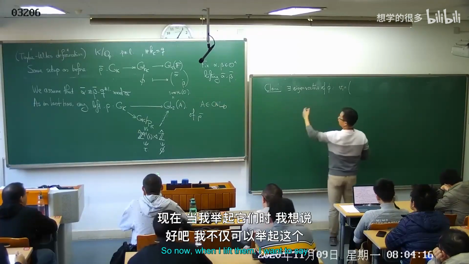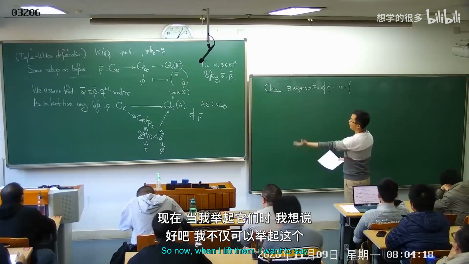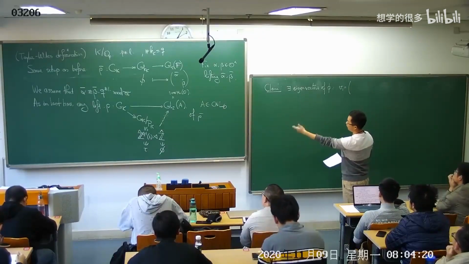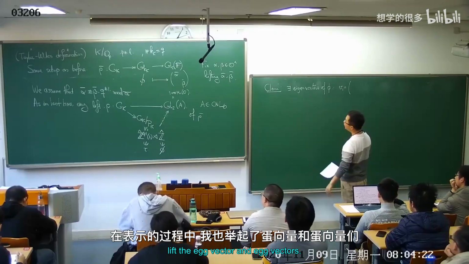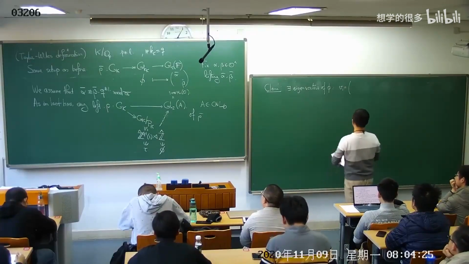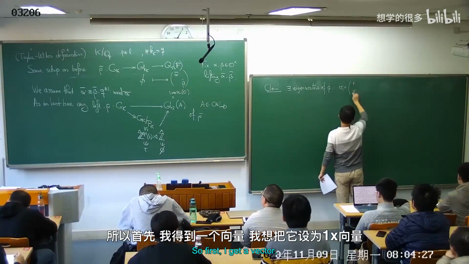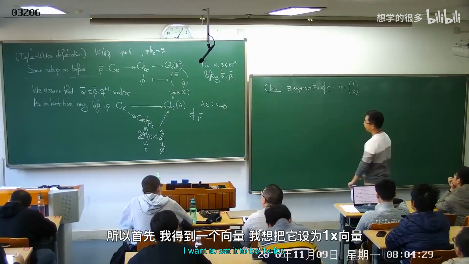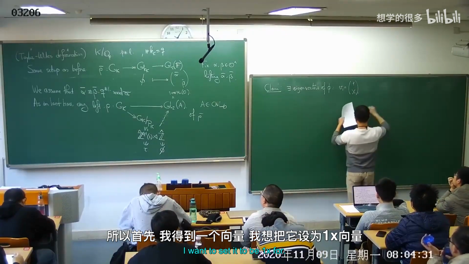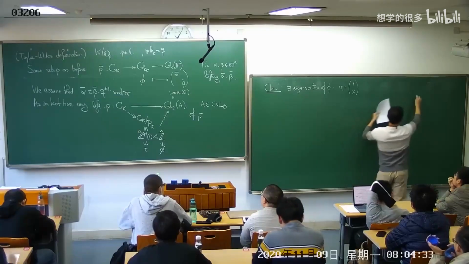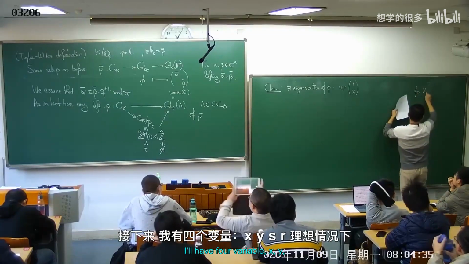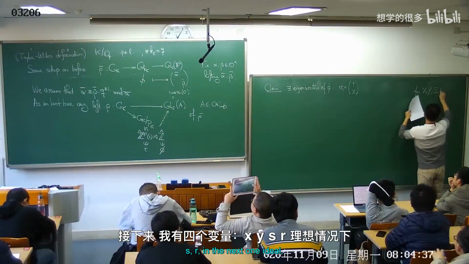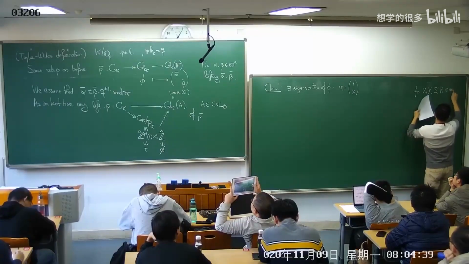So now, when I lift them, I want to say that I can not only lift this representation, I can also at the same time lift the eigenvalues and eigenvectors. So the first eigenvector, I want to set it to be (1, x), for I'll have four variables x, y, s, t in the maximal ideal.